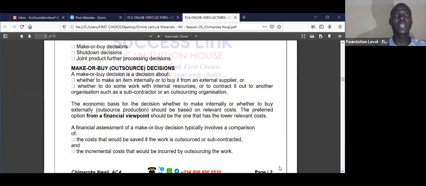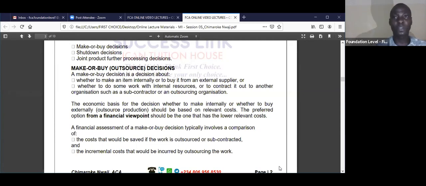So we look at, if I'm going to do this job now myself, I'm going to spend a particular amount of money, right? If I don't do this job myself and I subcontract it, I'm still going to spend.